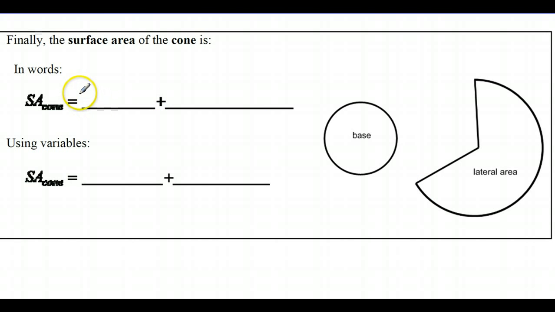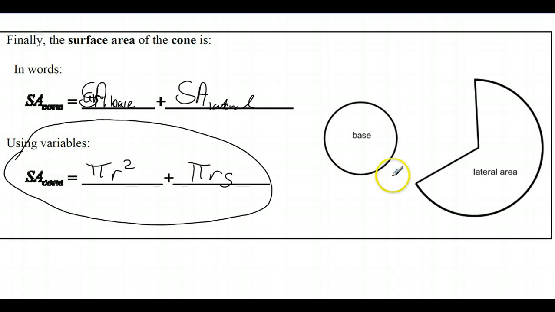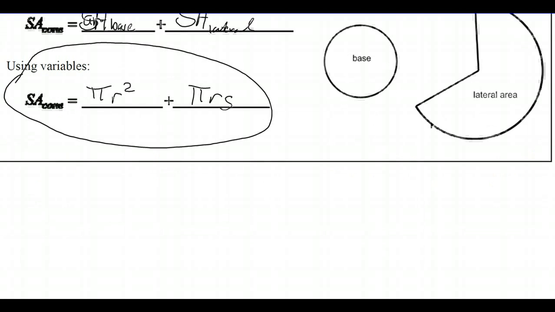The surface area of the cone is the area of the base, SA base, plus SA lateral. Using variables, the area of the base is pi r squared, and the lateral area is pi r s. So this is the formula for the surface area of a cone.